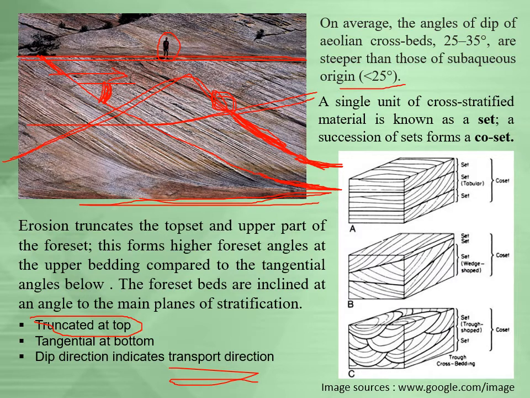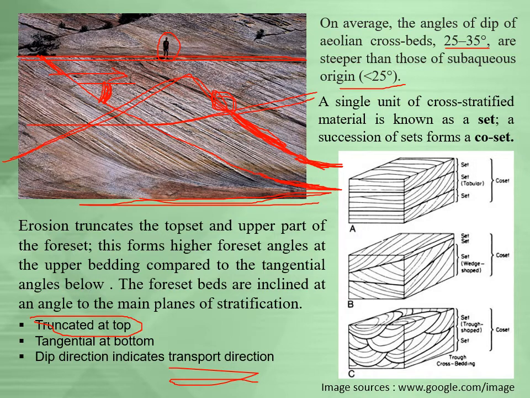And in aeolian conditions, that is a wind driven environment, the angle of cross laminae with the horizontal surface is 25 to 35 degrees, so commonly greater than 25 degrees.